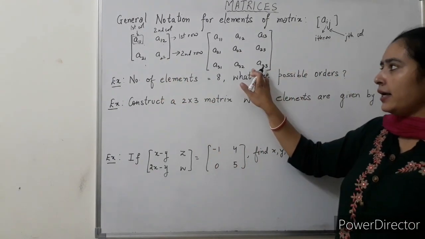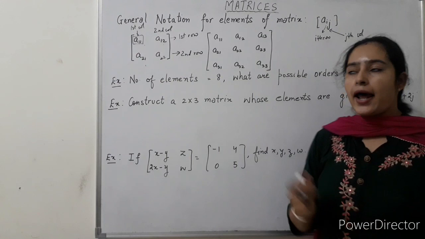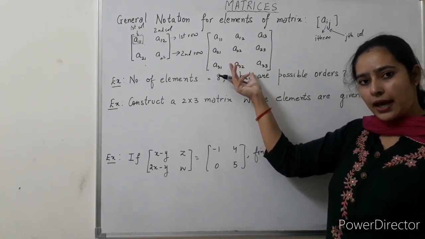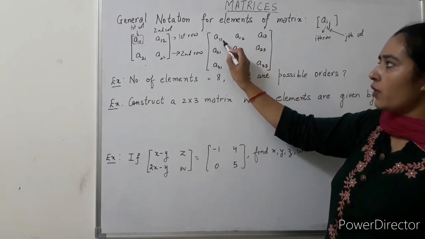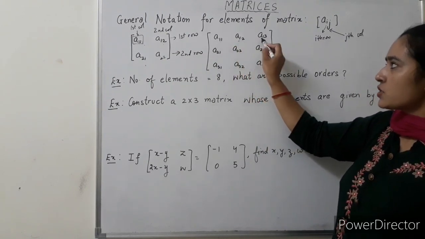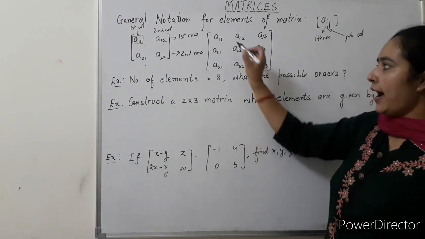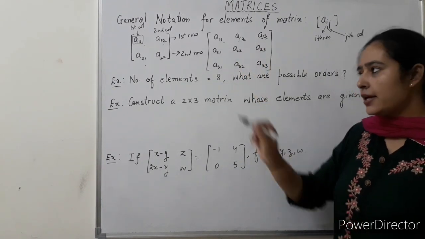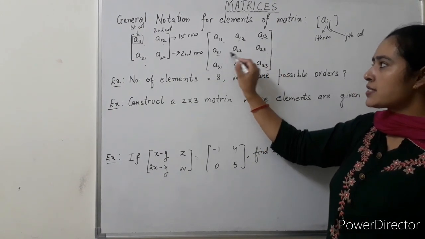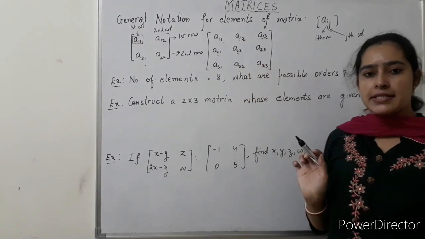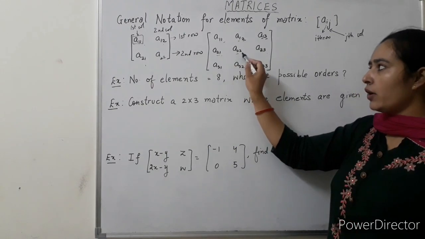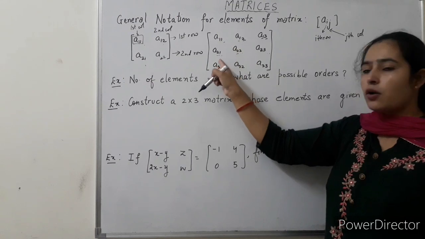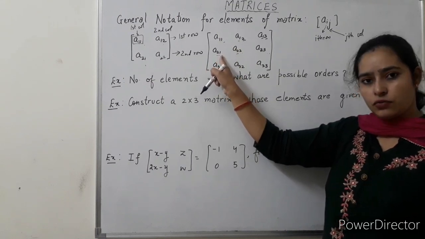Now similarly, if we want to write elements of matrix of order 3, then what shall be the elements? Here is A11. Here is first row and first column, second column, third column. Again, here is second row. So first suffix shall remain same, 2, and the second one will vary according to the column number, because this is in first column. So here we shall write 1.